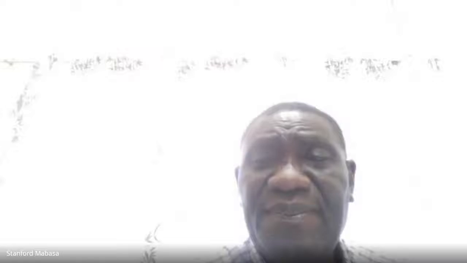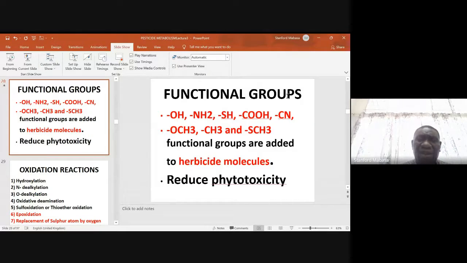Now, when the pesticide enters the living system, the pesticide is altered by the addition of functional groups, such as OH, NH2, SH, COOH, CN, OCH3, CH3, and SCH3.